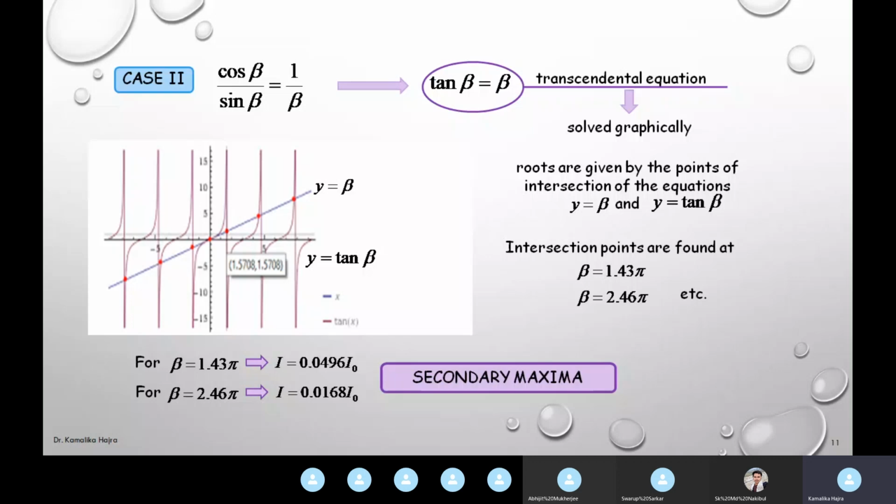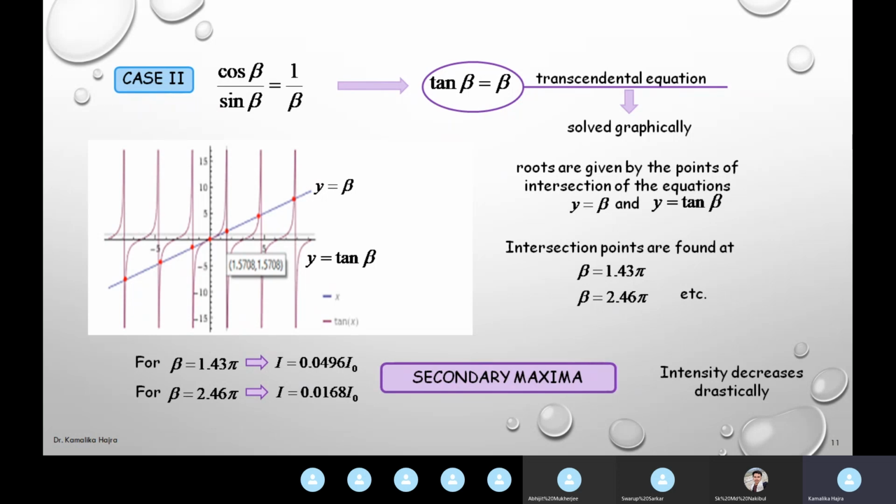All right. So you can see that the intensities at these positions are very feeble, but since we still get some intensity, this is a condition of maximum. However, the intensity decreases drastically.